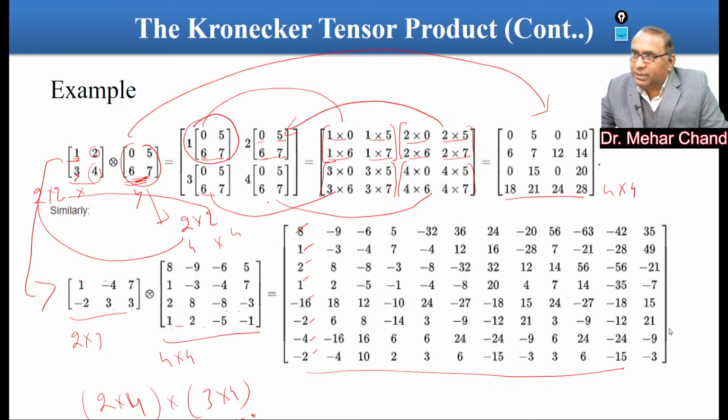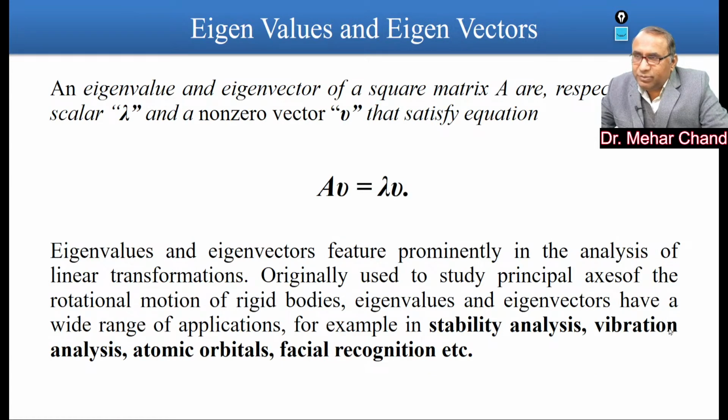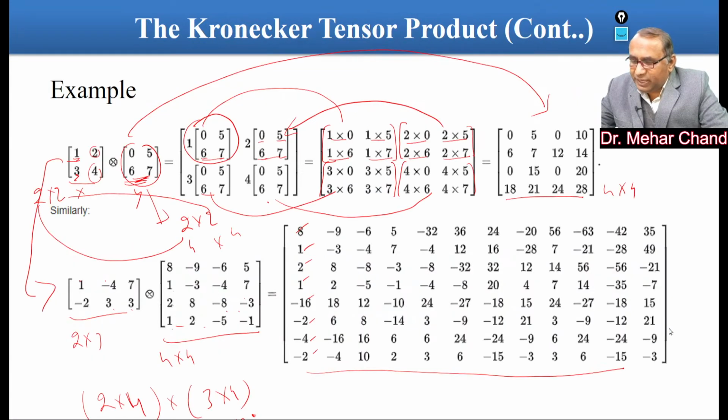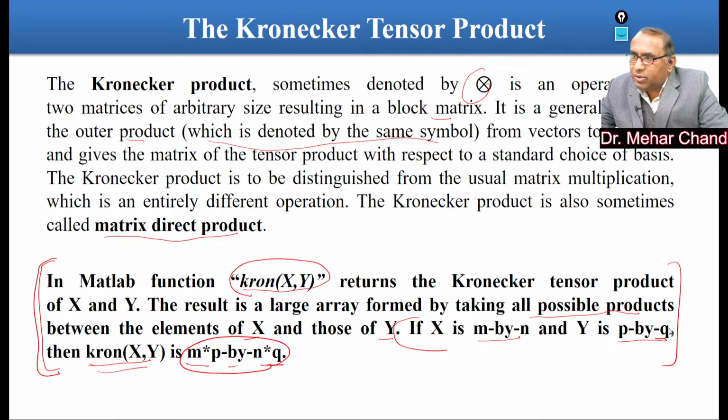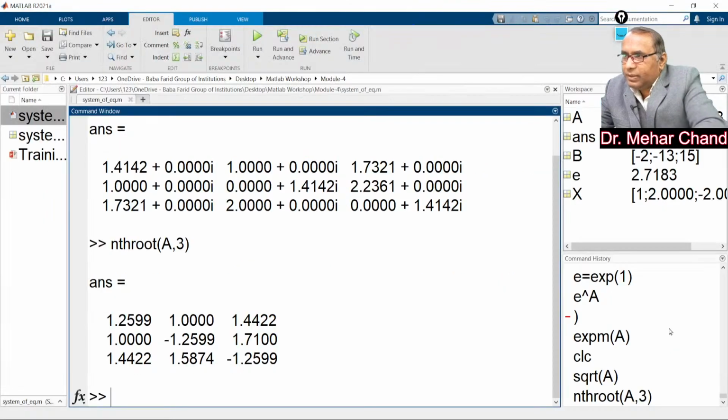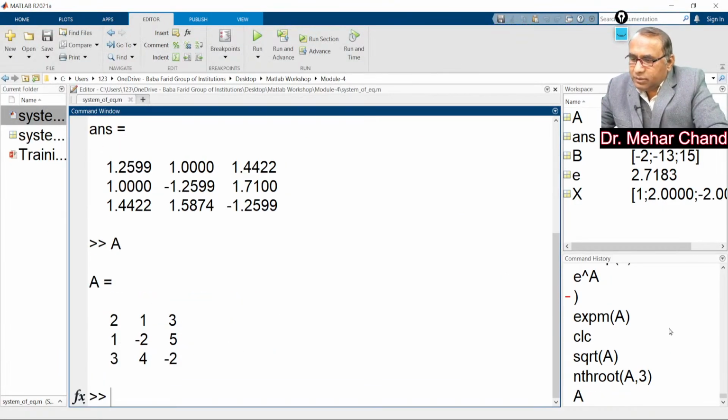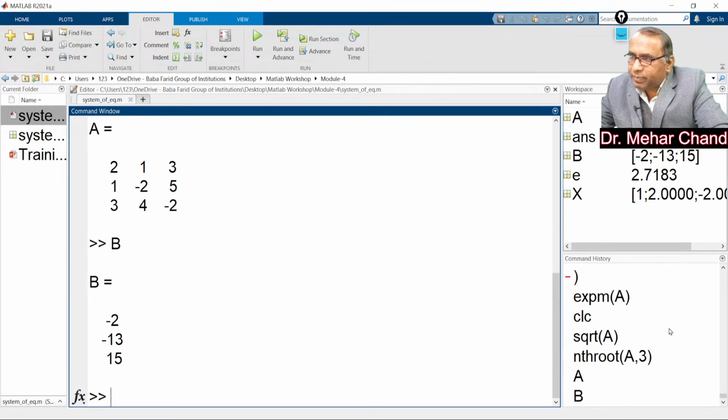See, in MATLAB, if you want to execute this, we can do it in MATLAB, and it is quite easy. A and B. Okay. And the function for the same we have is kron(A, B). We have A matrix, we have B matrix, CLC.